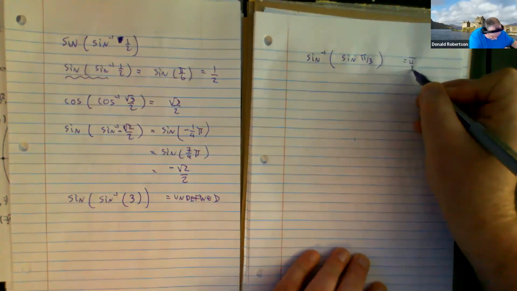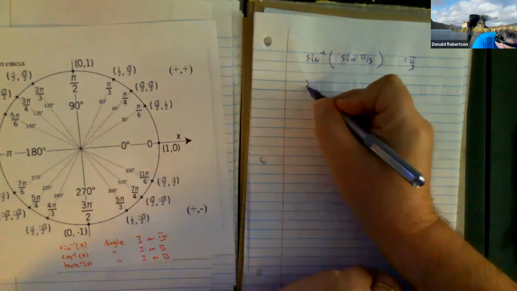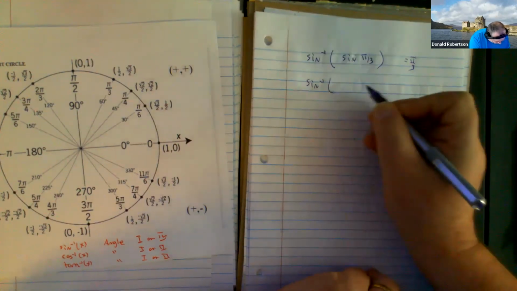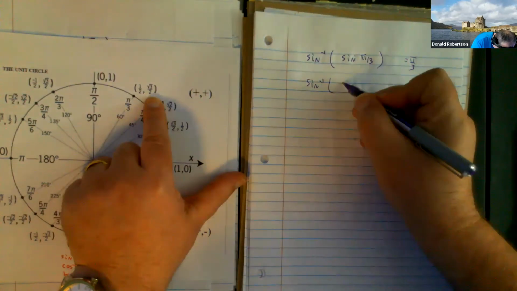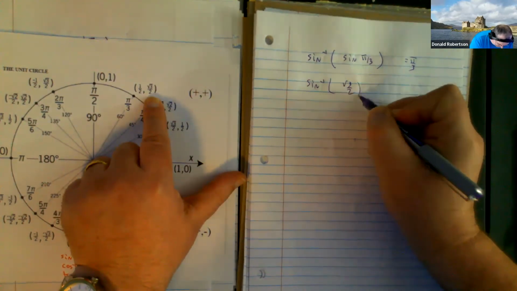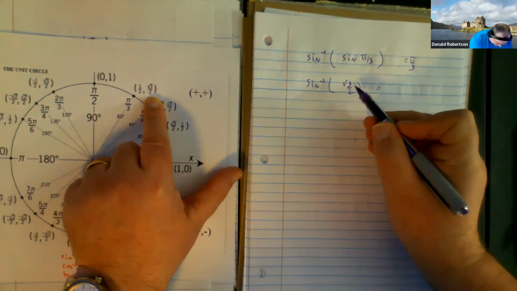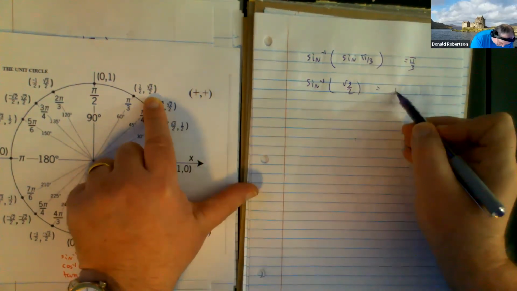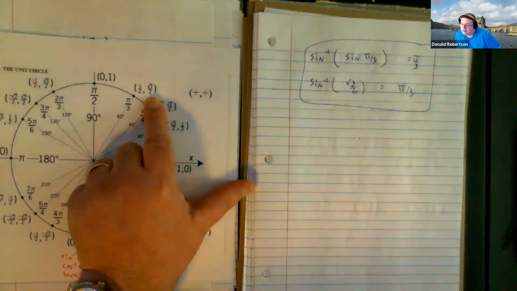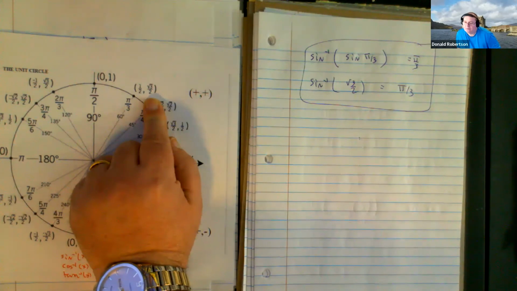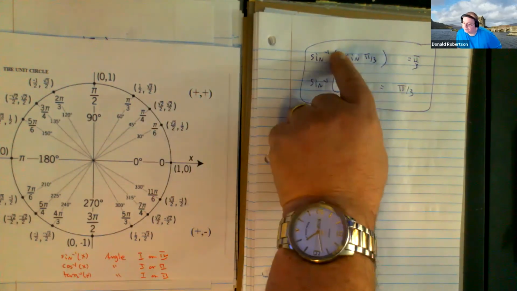It's a unit circle kind of question. The sine of pi upon 3 is the y coordinate, which is root 3 upon 2. The inverse sine of root 3 upon 2 is what angle in the first quadrant has that? Hey, that matched up, didn't it? Everything's cool.